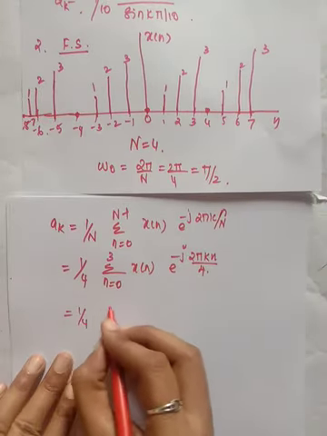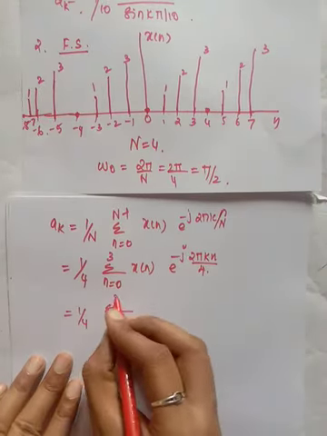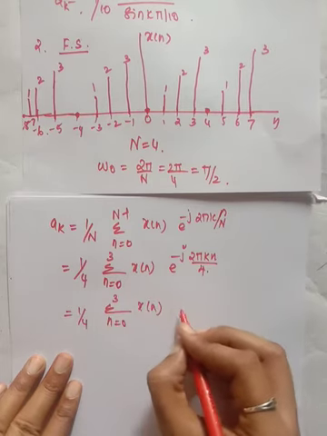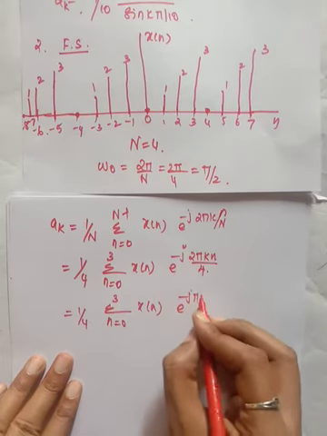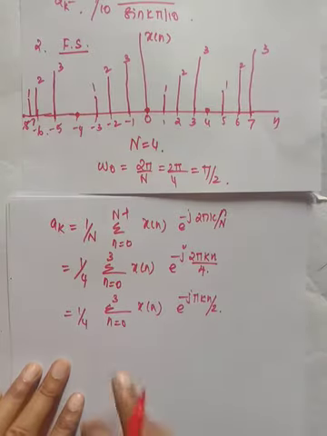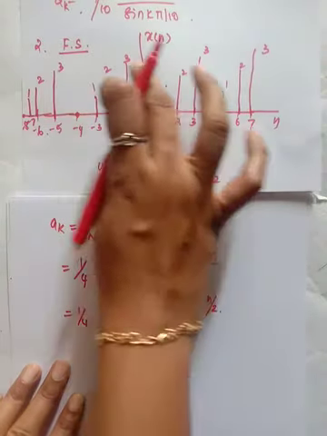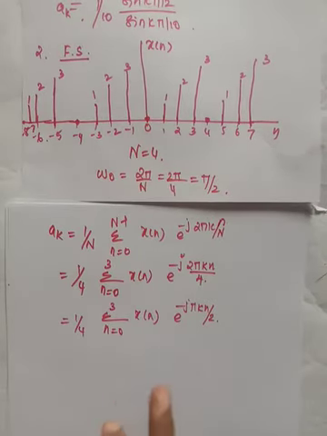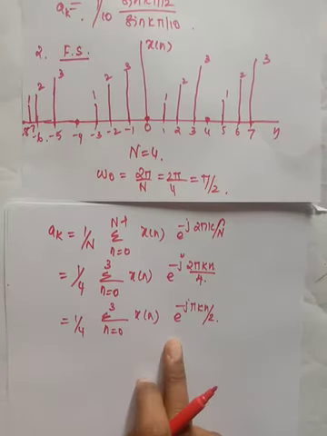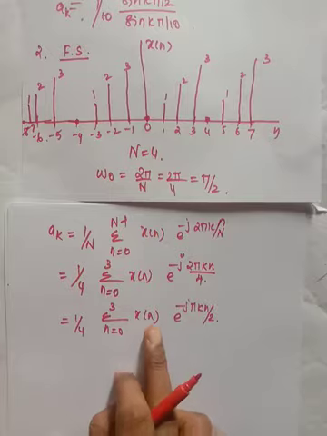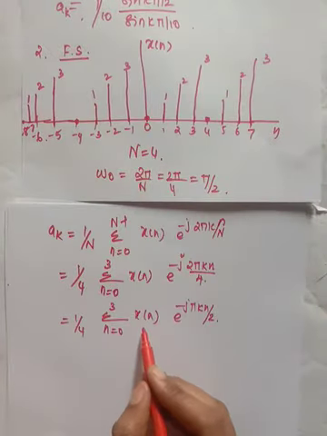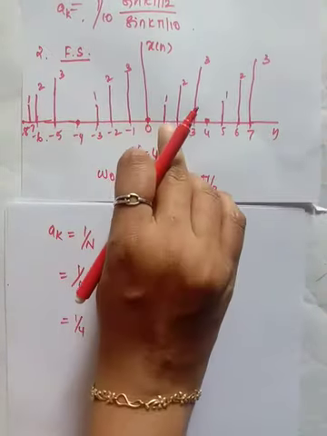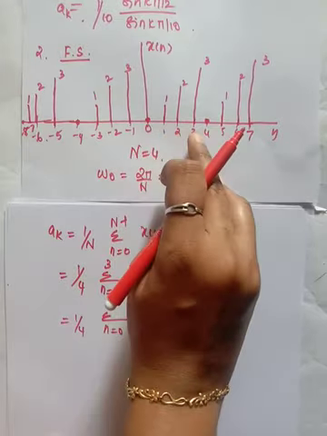So 1/4 summation n equal to 0 to 3, x[n] e^(-jπkn/2). Now see here, in the previous problem all had the same value, that is 1, so you can easily apply the formula. Now here we may not be able to apply the formula because all have different values. That is x[0] is 0, x[1] is 1, x[2] is 2 and x[3] is 3.